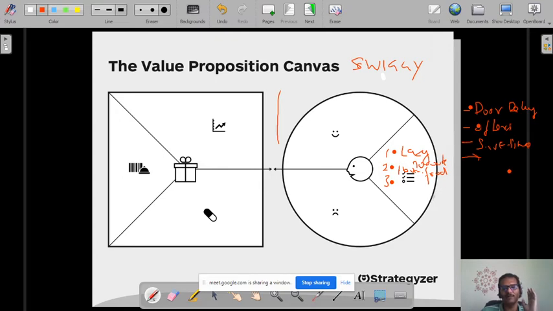Suppose if Swiggy is not there and I don't have food with me, what will I be doing? I have to move to a restaurant, sit there and get the food. So having the food is the basic requirement. Another thing is that I am lazy to cook. Bachelors who are staying alone find it difficult to cook every day. So these are the main jobs.